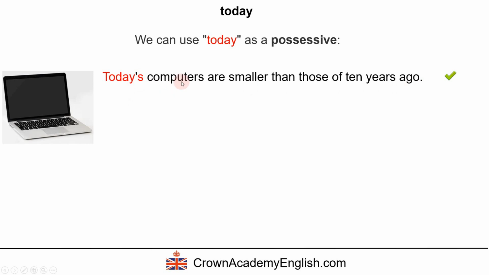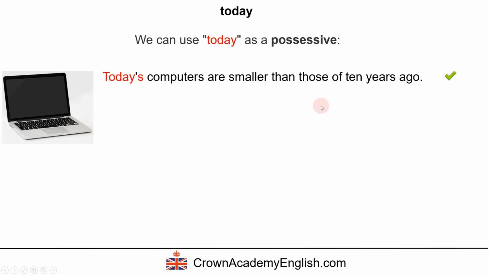This means computers of today, or present day computers, computers from the present time. So we need to use a possessive here with an apostrophe S. So the computers of today, or today's computers, are smaller than those of 10 years ago.